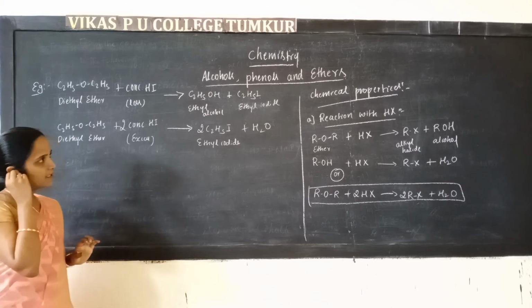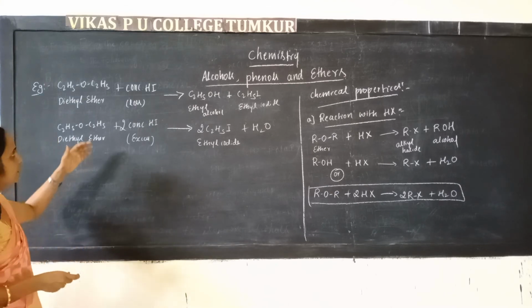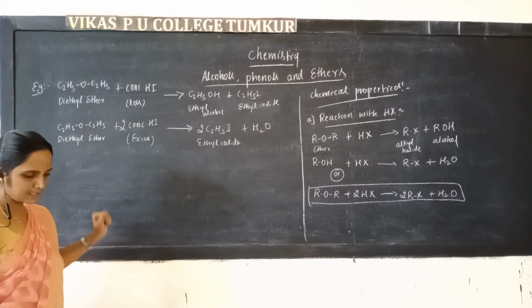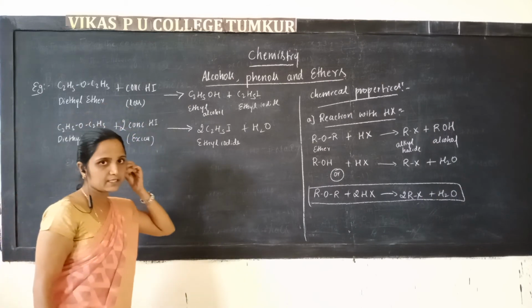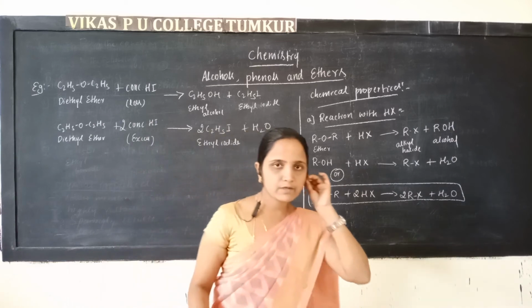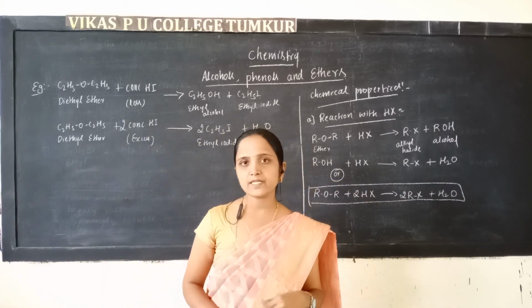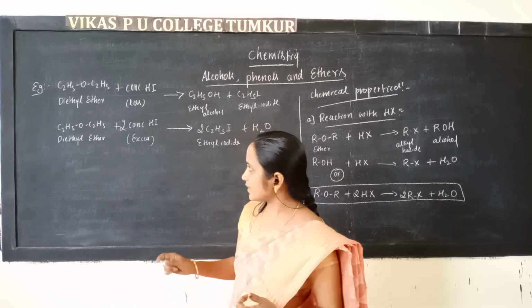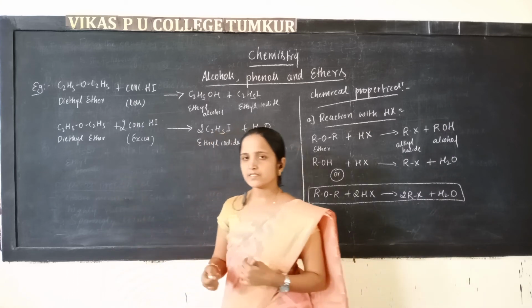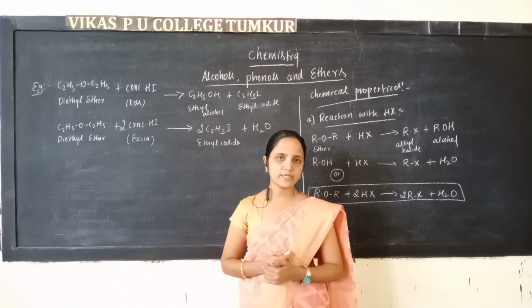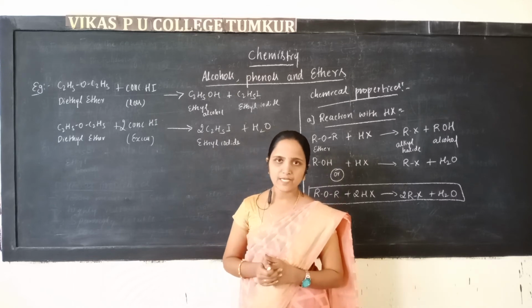In the examination they are going to ask: if diethyl ether reacts with the less amount, we are going to get two products. Which ones? One is alcohol, another one is alkyl halide. If it reacts with the excess, at that time we are going to get the alkyl halide.